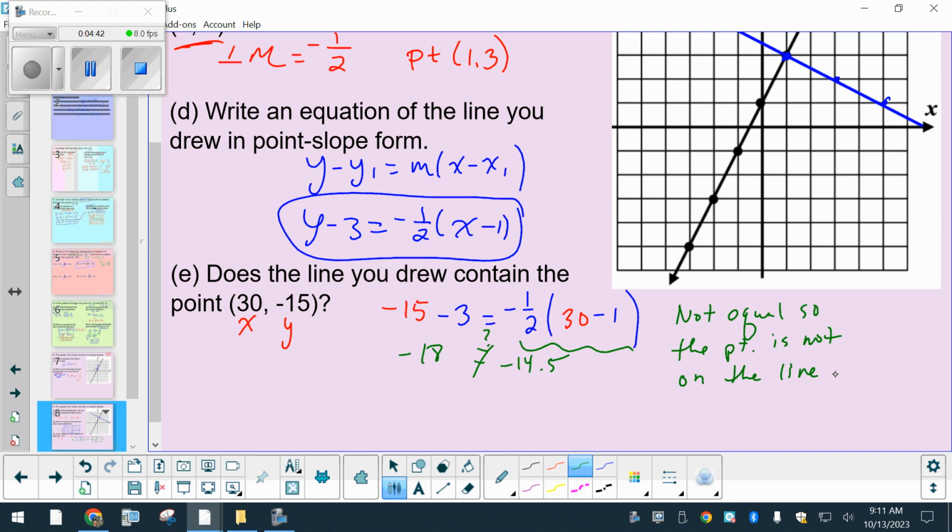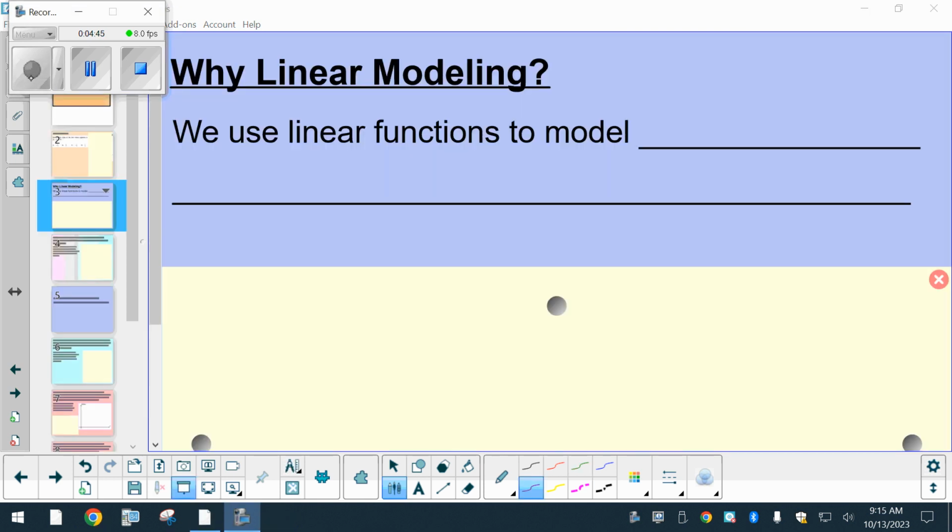For those that said they use the, all right, what's linear modeling and why do we use it, right? So we're going to use linear functions to model, the proper language is how one variable changes with respect to another.